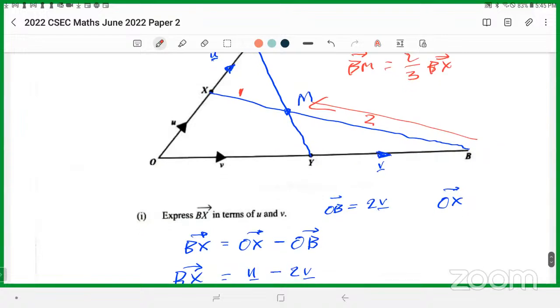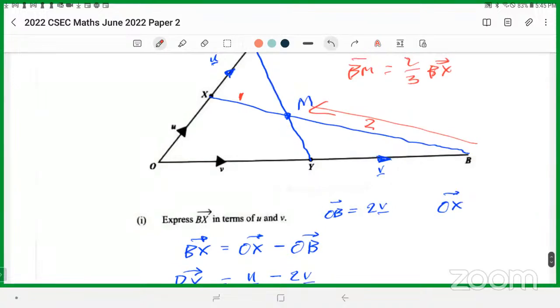And similarly, this one, MX, going in the same direction as BX, from here to here, is 1/3 of the whole thing. MX is 1/3 of the entire BX.